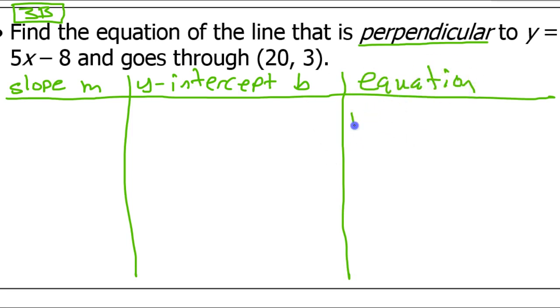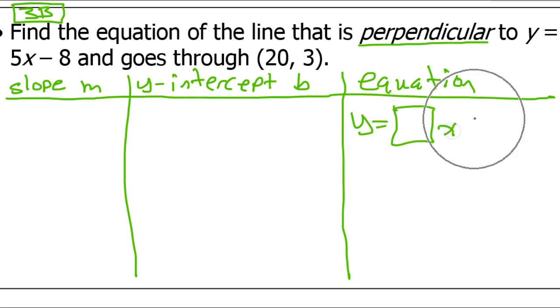And the equation goes y equals something x plus something. All right, we just need to find the slope and the y-intercept, m and b. So when it comes to perpendicular lines, they do not have the same slope. Okay, so write down these notes.